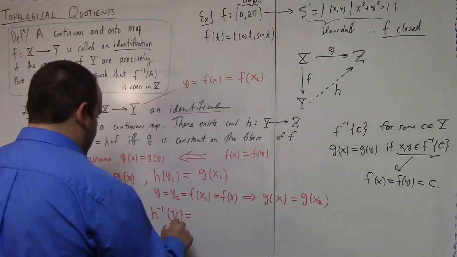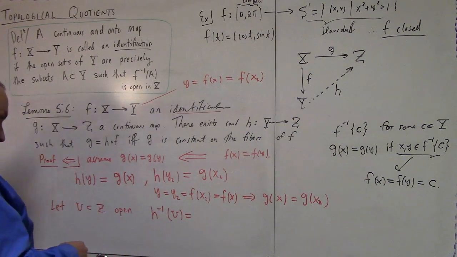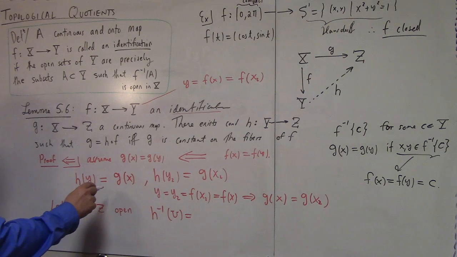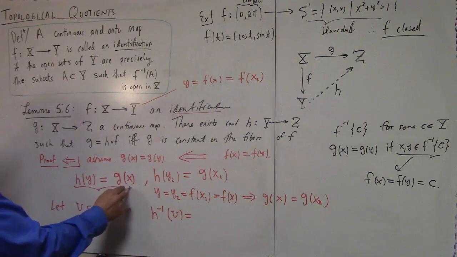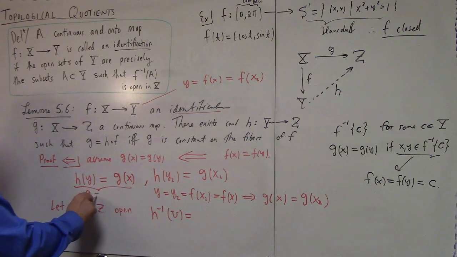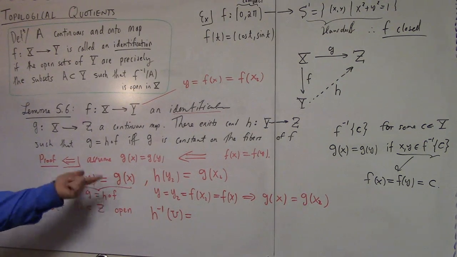But by the way, now h is what? What was y equal to? This is actually essentially building in that g is equal to h composed with f, right? I mean, y is f of x, so this is true for each x.